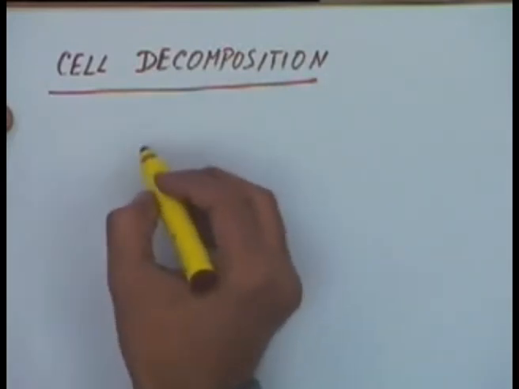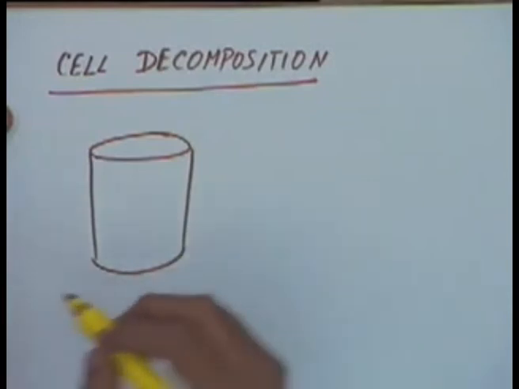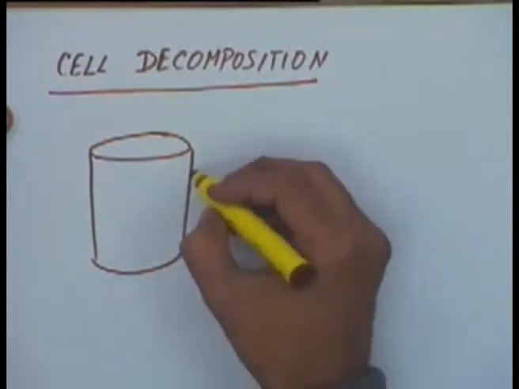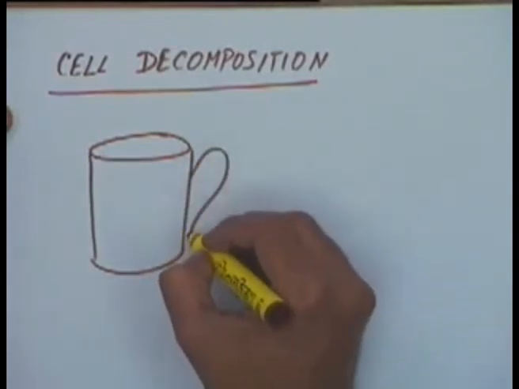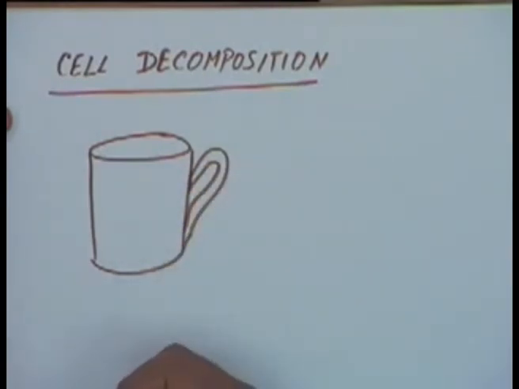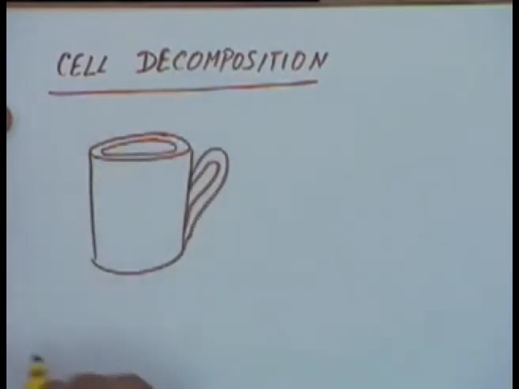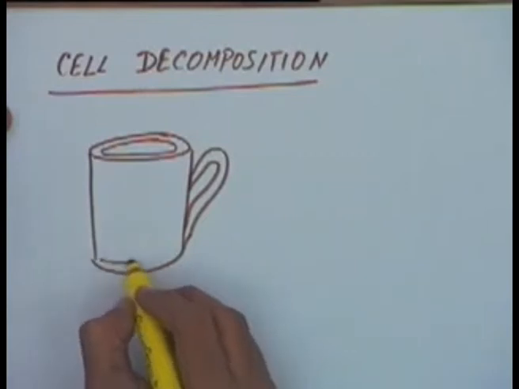So let's say if I have a cylinder like this, with maybe a handle over here. Let's take a realistic thing. It's a hollow thing, and it's got a disc at the bottom also.